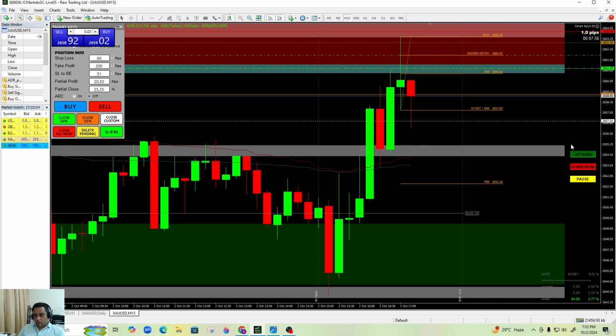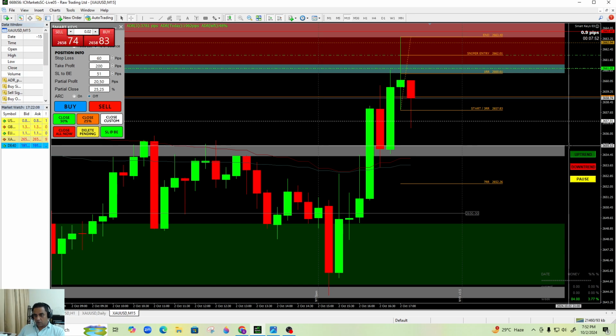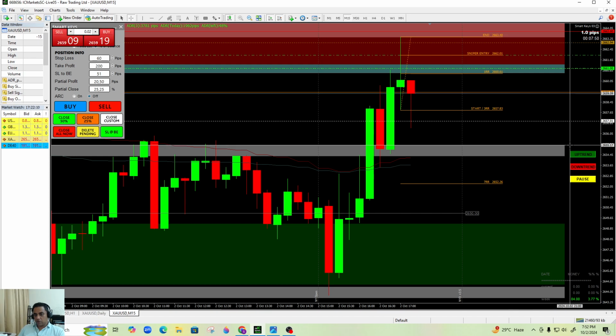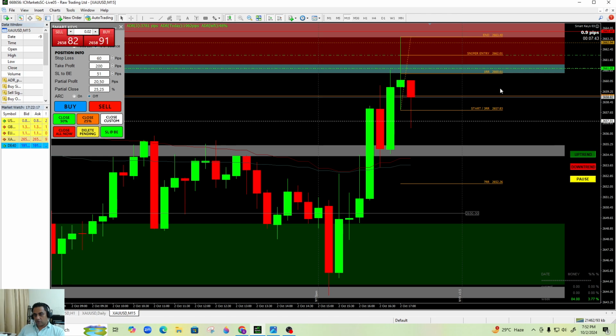So this is the area where you want to close some positions. If price gets in and comes down, this is the first area of support.